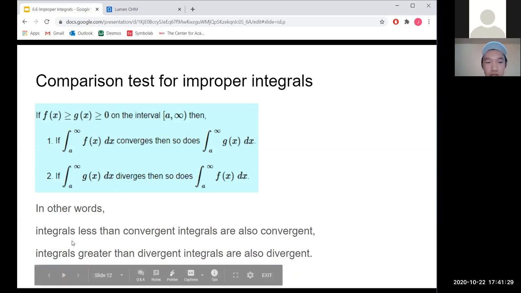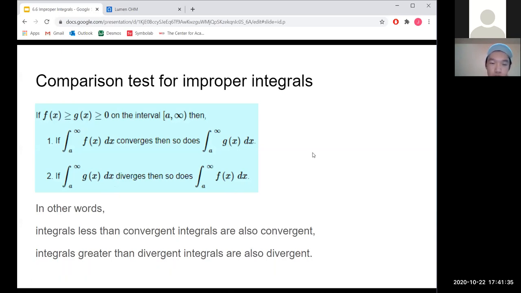I wouldn't recommend memorizing this. It's a lot easier if you just use your intuition. Remember that divergent means the integral already goes to infinity. So if you have an integral that's divergent, so it's already some sort of infinity, then anything greater than that integral is also going to be infinity and therefore divergent.